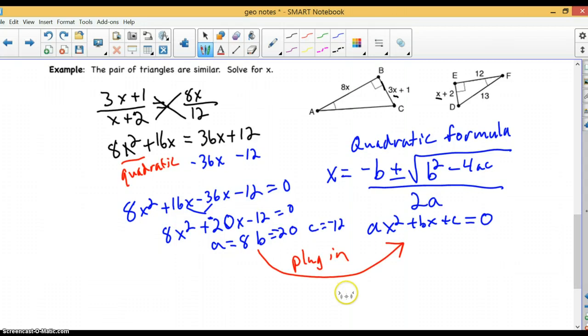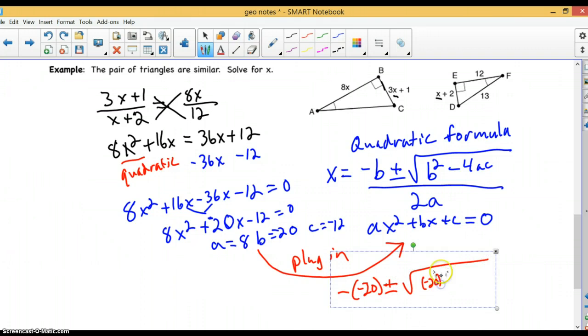So we have negative negative 20 plus or minus the square root of negative 20 squared minus 4 times 8 times negative 12, all of that over 2 times 8.